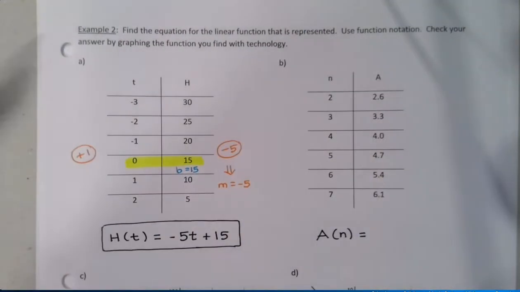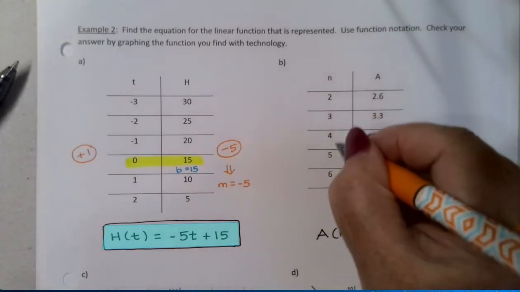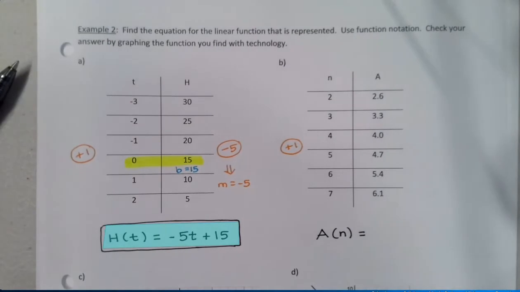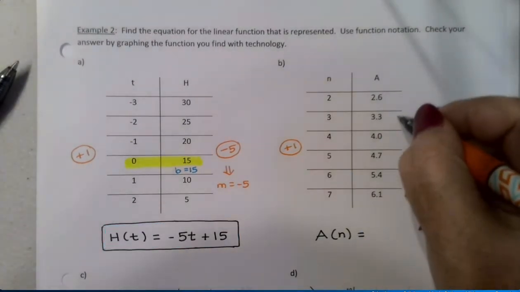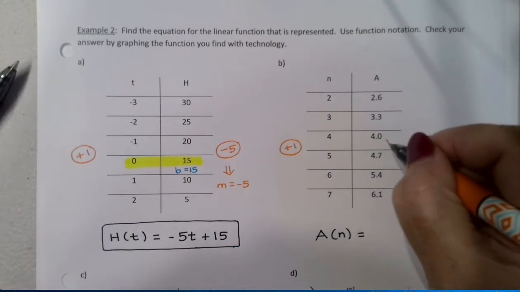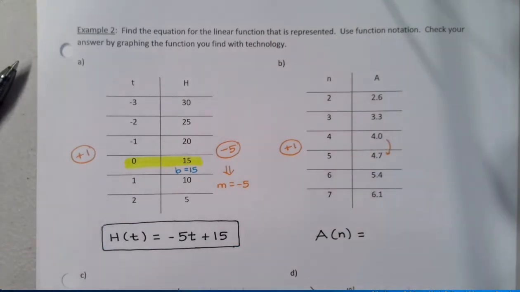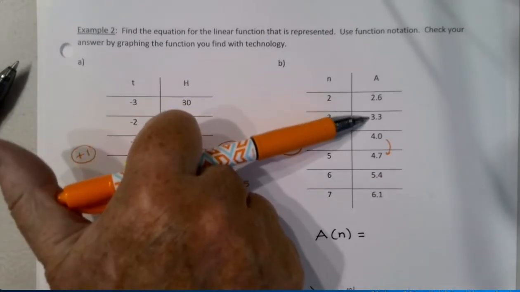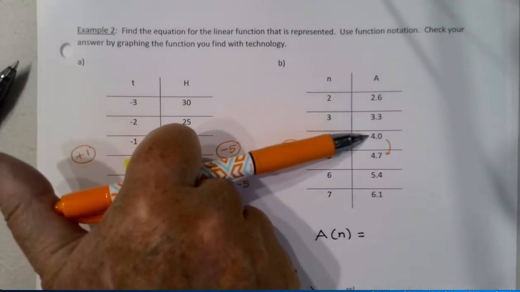So first of all, I verify the inputs do go up by 1. And then I take a look at my outputs. And let's see, the pattern is maybe most obvious right here. Looks like I'm adding 0.7. Does that work all the way through? Plus 0.7, plus 0.7, plus 0.7.